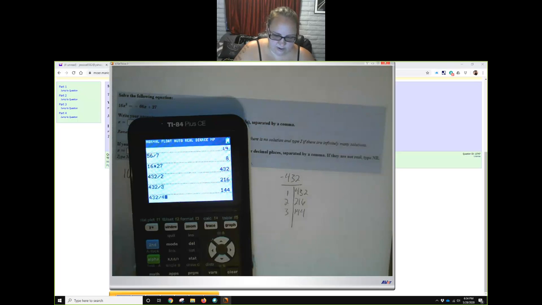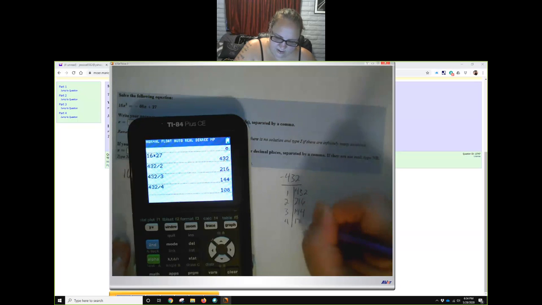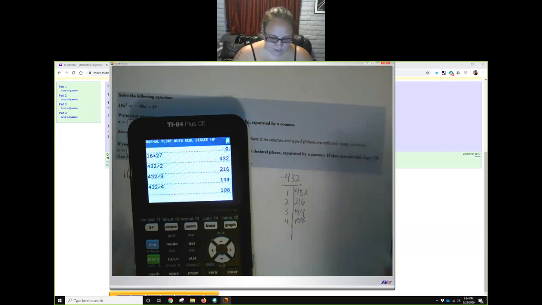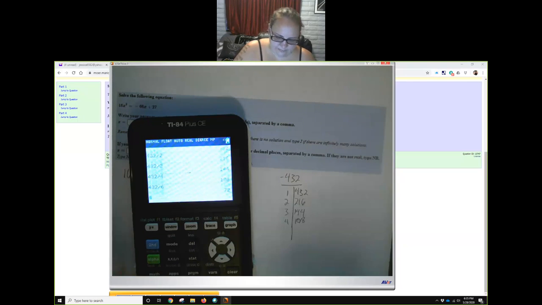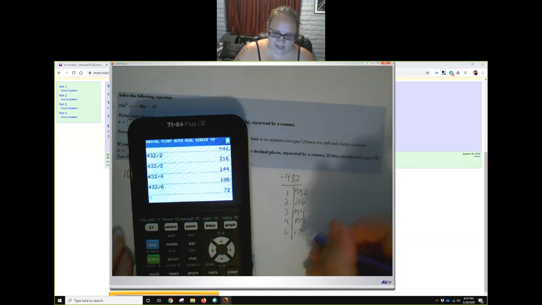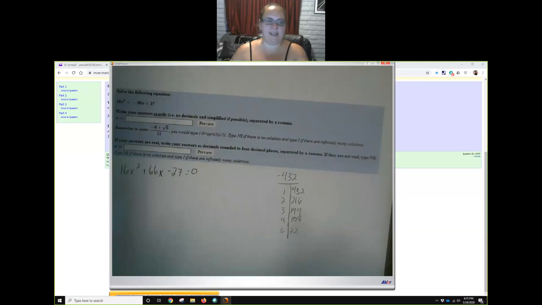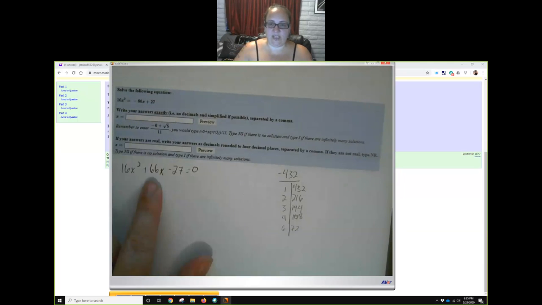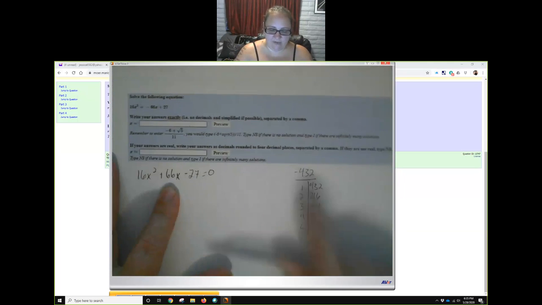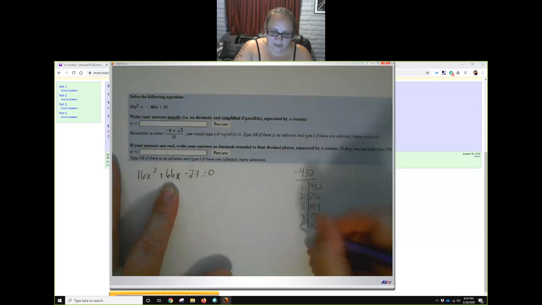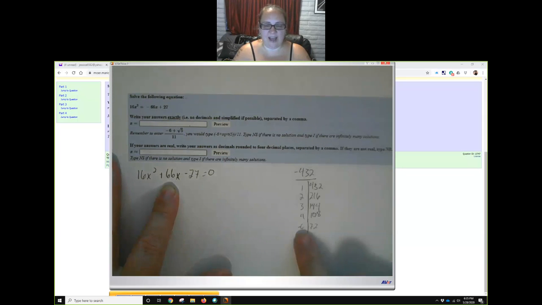Divided by 4. 5 doesn't go in, but since both 2 and 3 went in, then that means that 6 goes in. There it is. Those would be my two that make a 66. Because if they have to multiply to a negative 432, then a negative 6 and a positive 72 would multiply to a negative 432 and add to a positive 66.